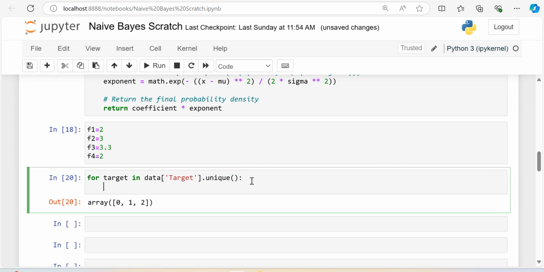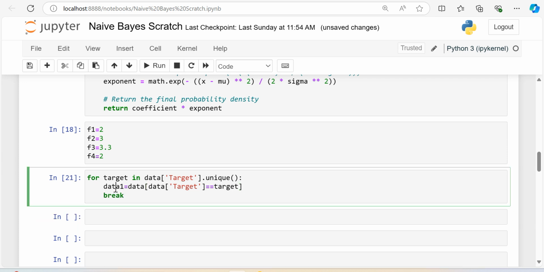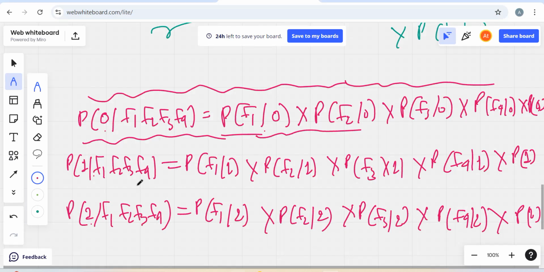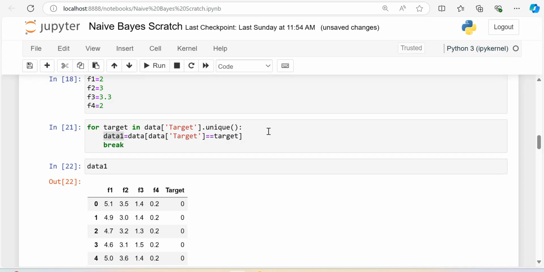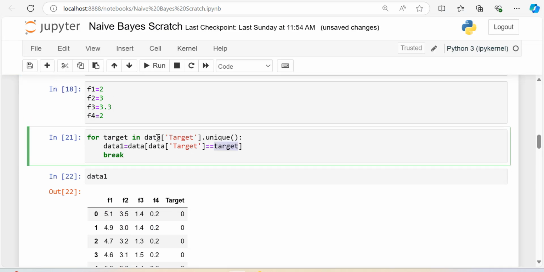Then I'm taking a filter on data, just breaking the data. Here you can see this is target. Let me first write a break and I want to show you this. Here you can see this data is already filtered only for 0. Why? Because we have to calculate probability for feature 1 given 0. This is a conditional probability, so I'm first putting the filter on 0 for this. Okay, now let's calculate.